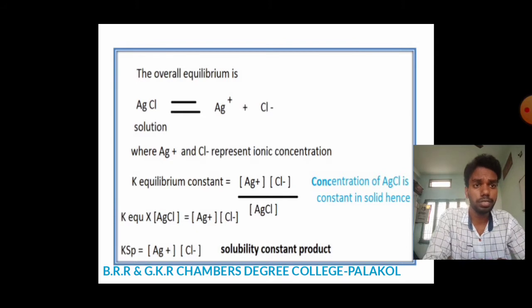The concentration of AgCl is constant in the solid, hence the denominator is neglected. Now K equilibrium times the concentration of AgCl is equal to the concentration of Ag+ times the concentration of Cl-. That is called the solubility product, indicated by Ksp, equal to the concentration of Ag+ and the concentration of Cl-.